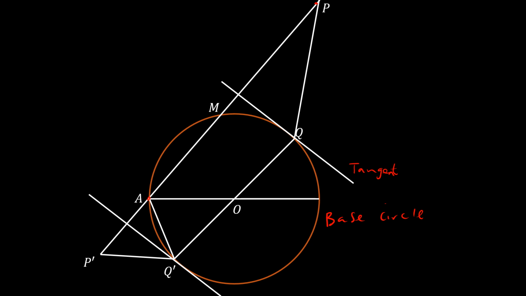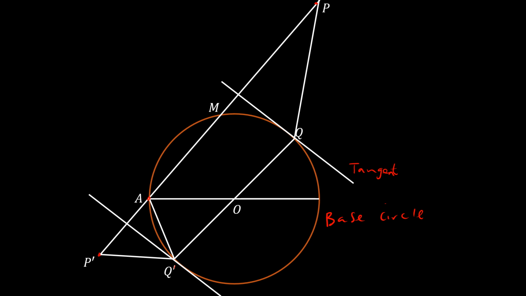So P is on the cardioid that is created by this base circle. Similarly, we have point Q prime, right? And Q prime would have a tangent, and we'd see that Q prime also has an image of point A at point P prime.